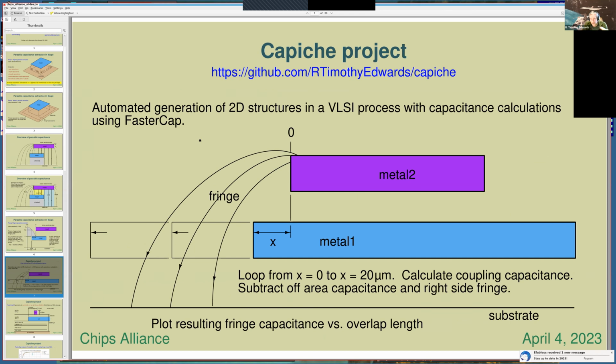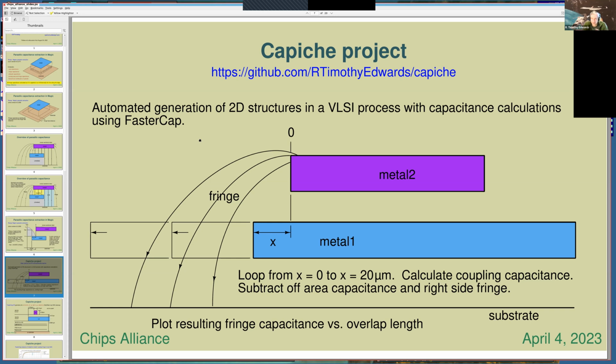I came up with an input file format based on Python, in which I could describe any metal stack up with the dielectric layers and the dielectric thicknesses, the metal thickness and height, sidewall dielectrics. All of that could be described in the input structure.